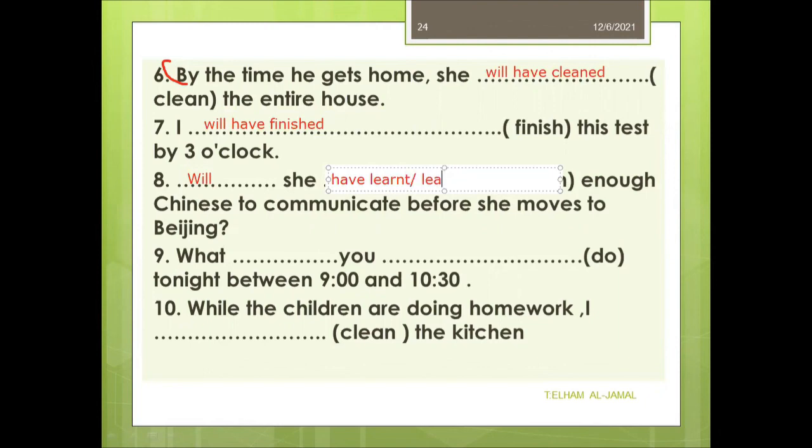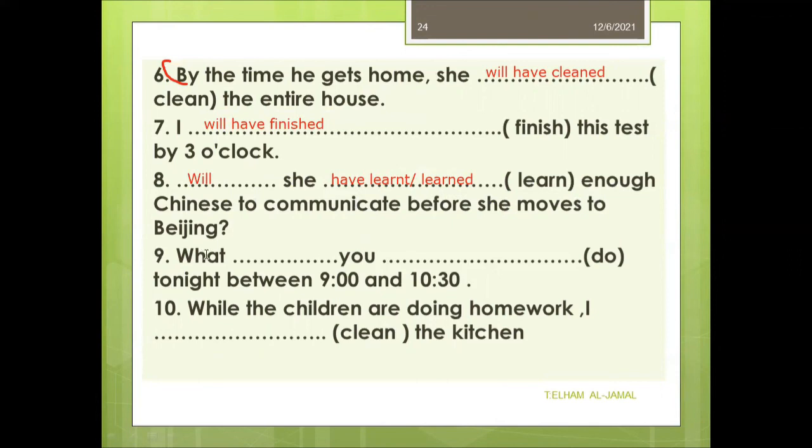This verb has two forms, one regular and one irregular, and both are correct. Now, will she have learned enough Chinese to communicate before she moves to Beijing? Meaning, will she complete her Chinese course before traveling to Beijing or not?